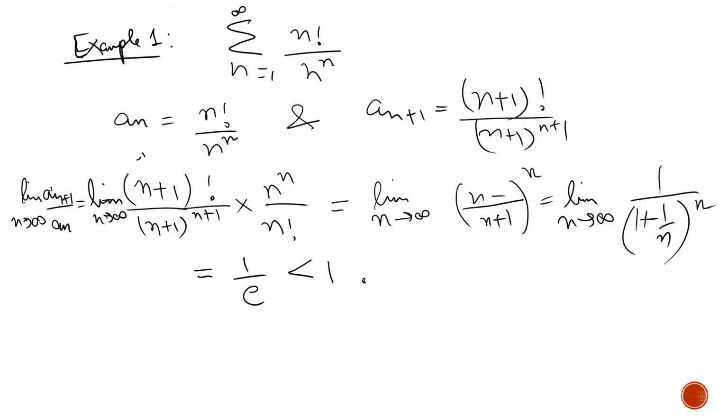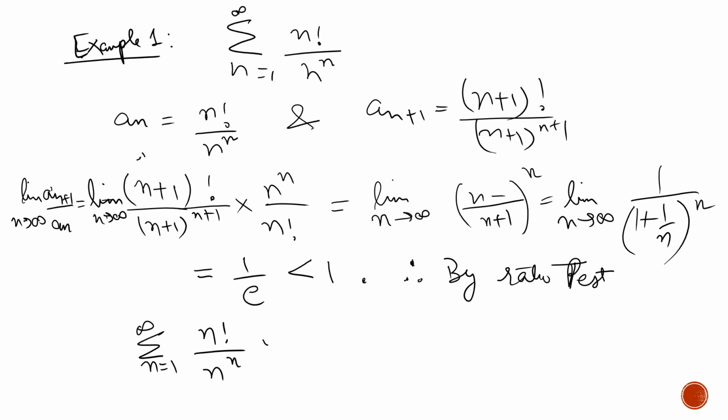Therefore by ratio test, what we can conclude is that the summation from n equals 1 to infinity of n factorial by this is convergent.